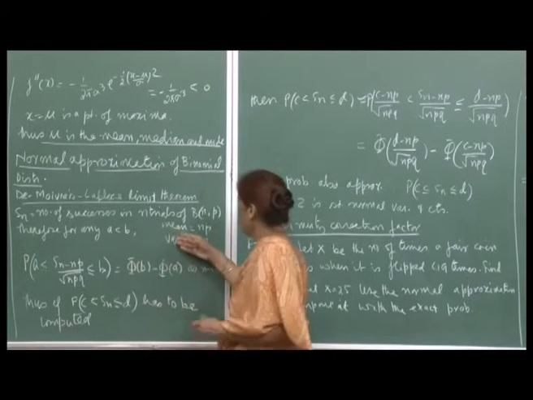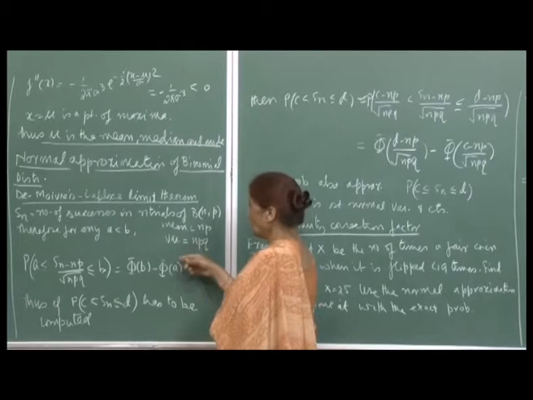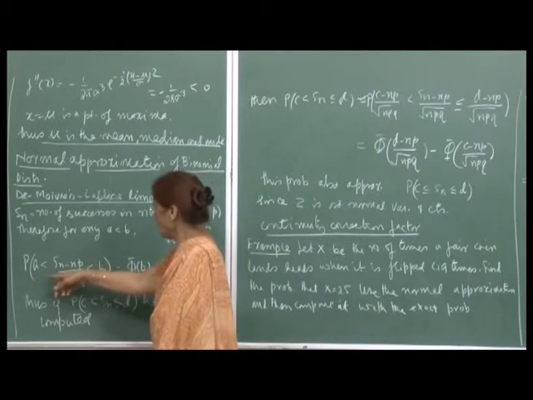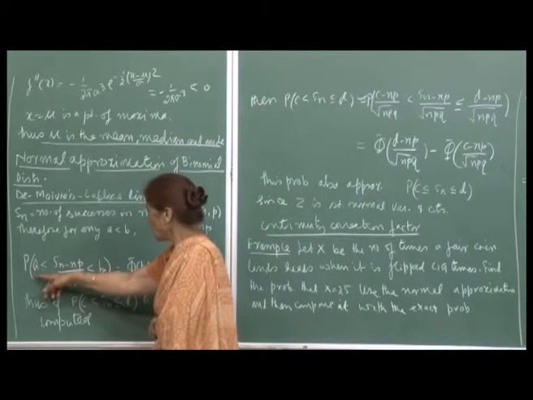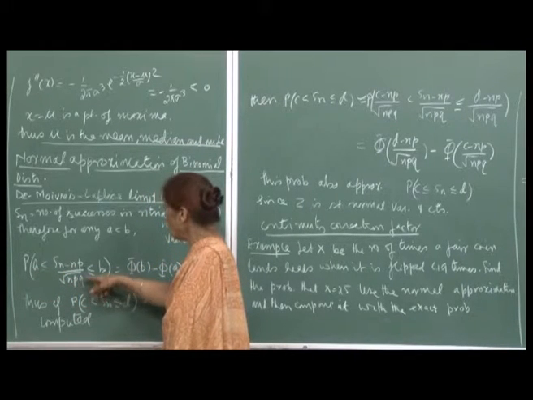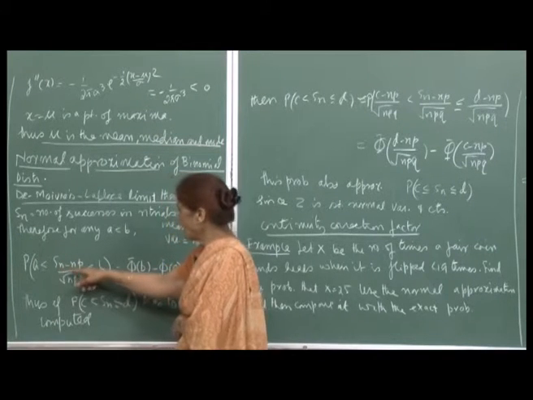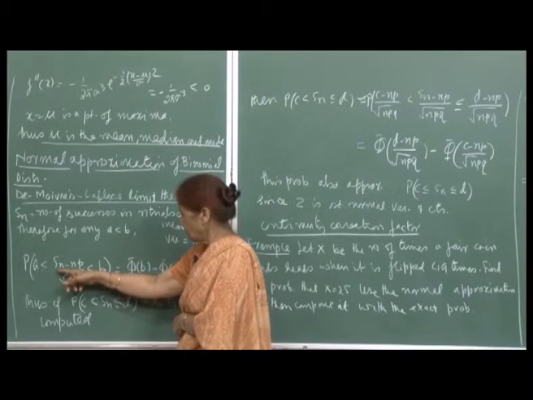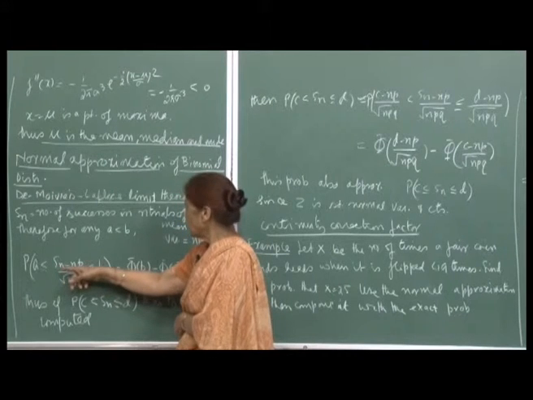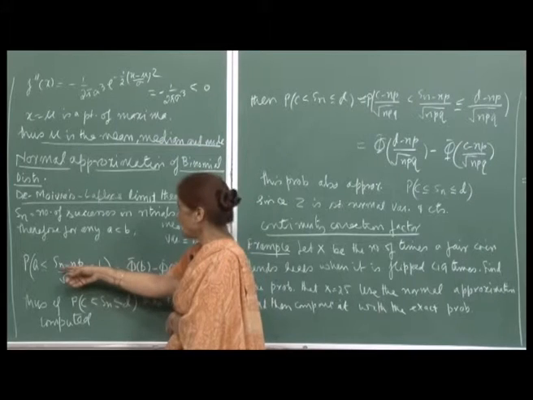Here of course, for the binomial the mean is n p and the variance is n p q, right. So for any a less than b, if you want to look at the probability of a less than S n minus n p upon root n p q less than or equal to b, you see what we have done is we have standardized this binomial random variable, the number of successes in n trials.